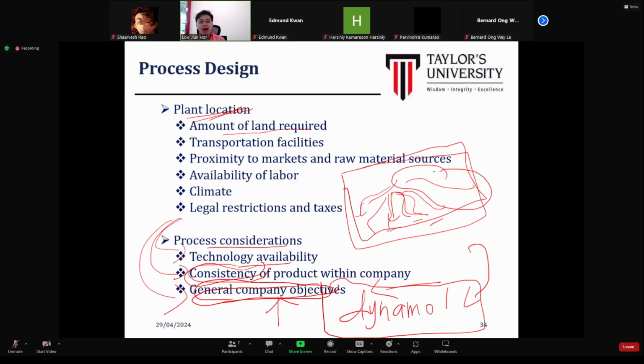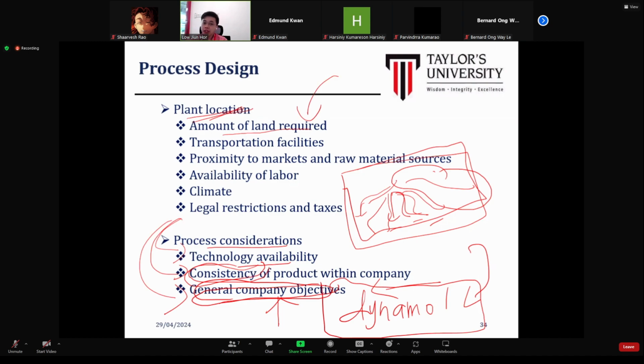And the total land area they require is directly proportional to the cost, the investment that you are going to make in order to purchase the land to construct the chemical plant. Then you need to consider that in order to support your decision making also.